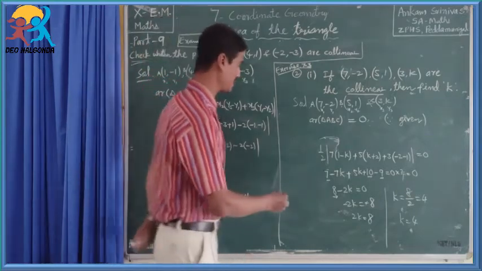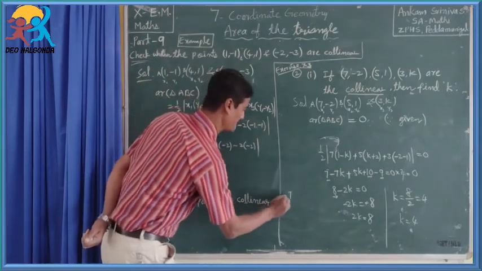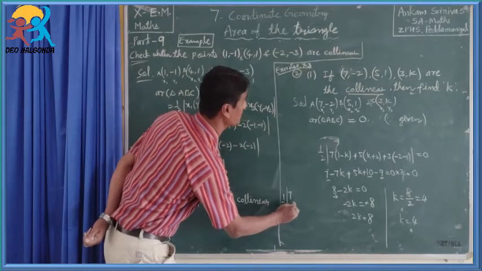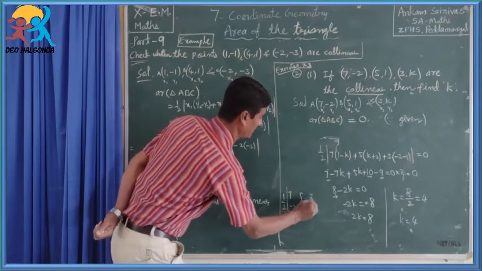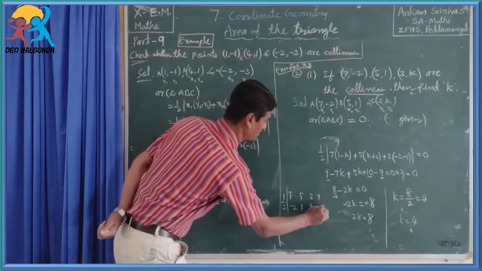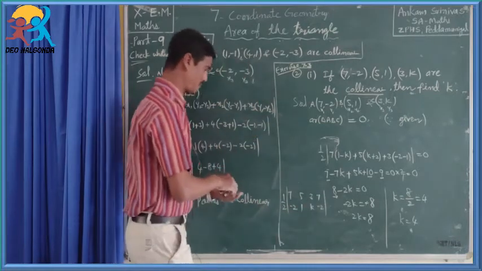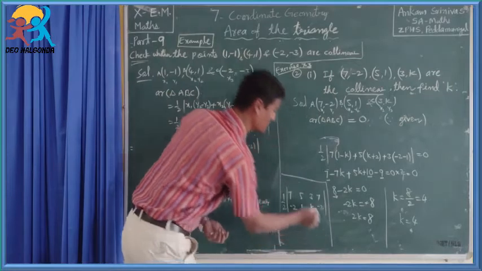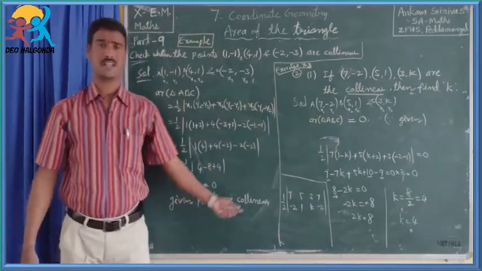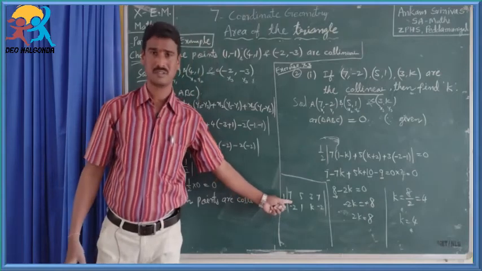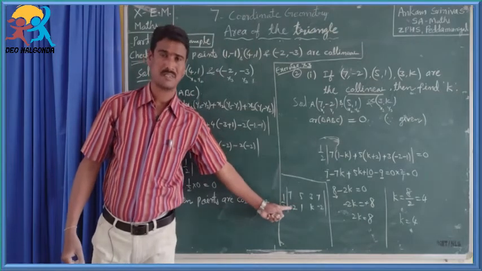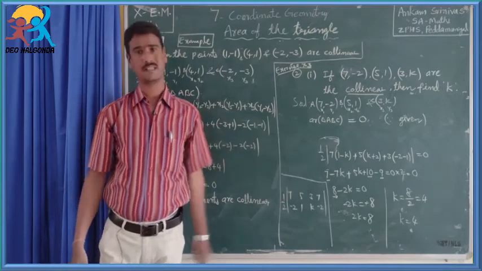What is the shortest method? 1/2 of area: (7, -2), (5, 1), (3, k) and back to (7, -2). Using this process, as we already discussed about the area of the triangle, you can solve very easily.